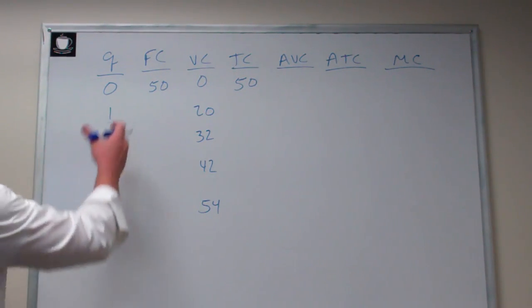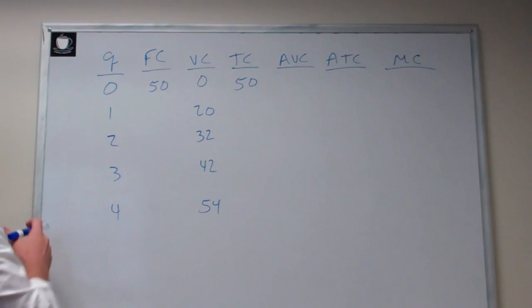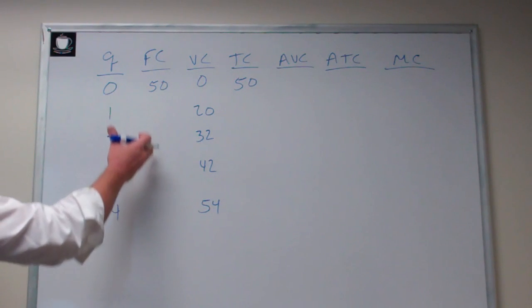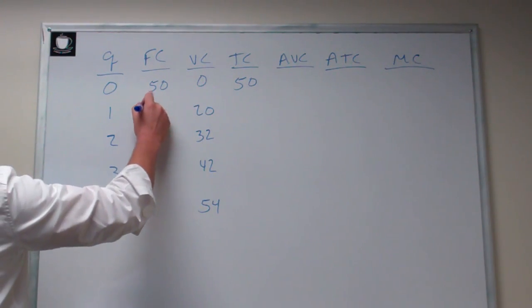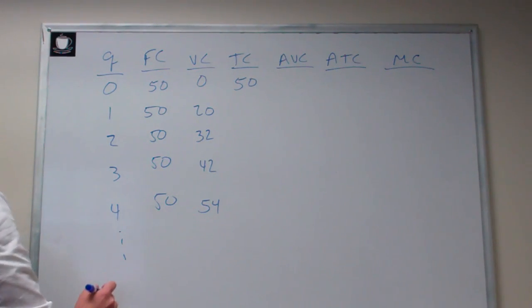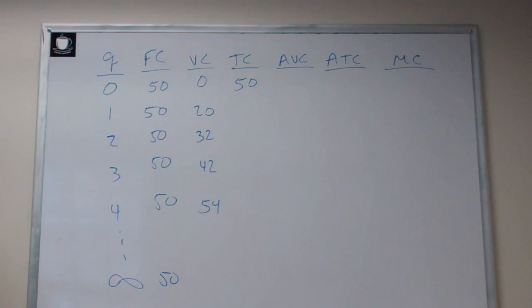All right, so let's start here with fixed costs. When no one shows up to work, the firm still has to pay $50. That's probably for rent or utility hookups or some other fixed costs that they must pay in order to be in business. But once I've figured out what fixed costs are, I can fill that in for the rest of the output variables up to infinity, because fixed costs don't change.